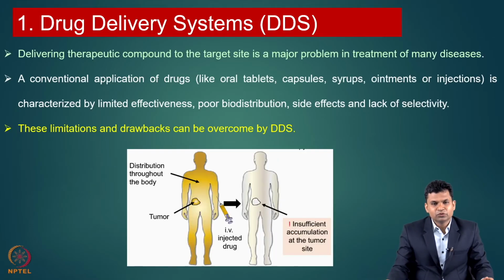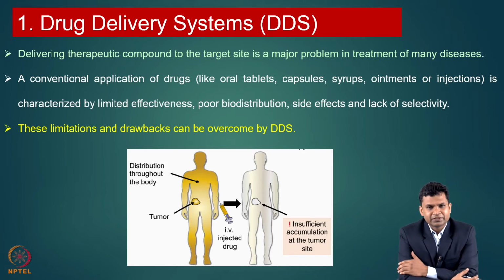As we know, developing drugs for a particular disease is one of the major challenges, because we know the process of drug discovery and development. This can be split into various phases.